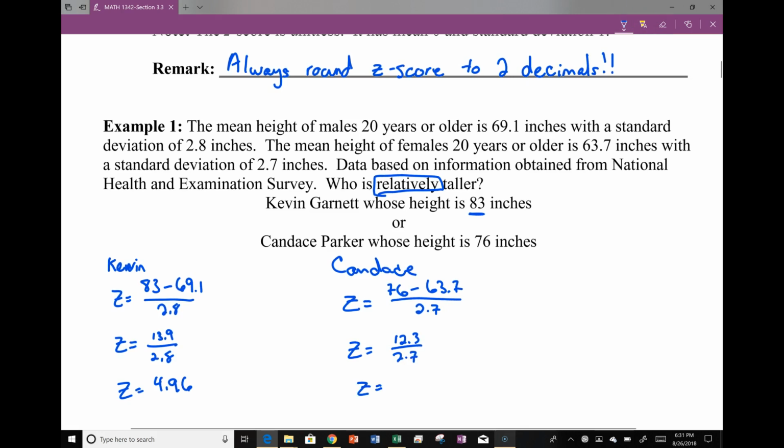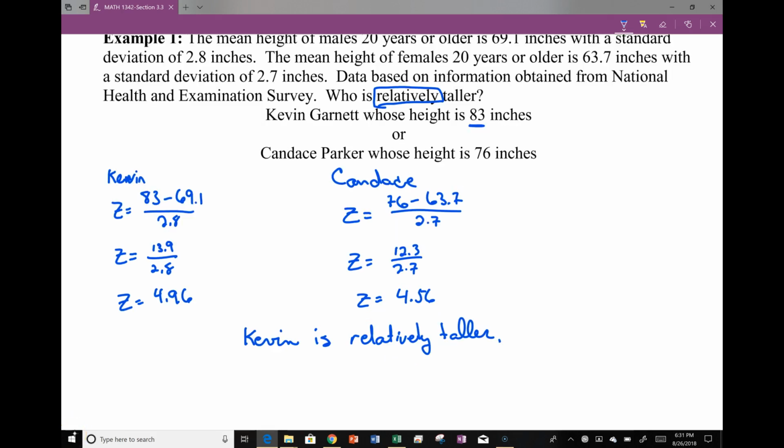So her z-score is a 4.56. Now, in order to determine who is taller relatively, we just look at their z-scores, and the larger of the z-scores is taller relatively. So Kevin is relatively taller.